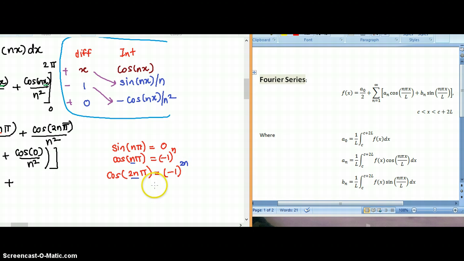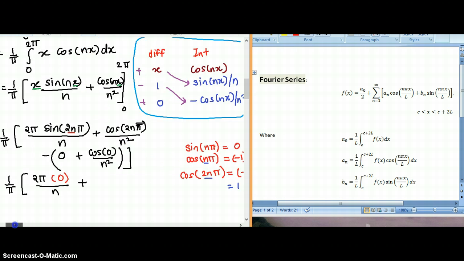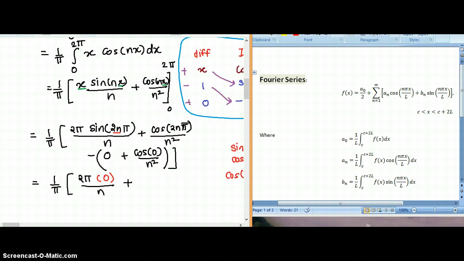It is always 2n, which is always an even number, so it is 1. So what we'll get here now is 1 over n square. This value is 0 minus cos of 0, which is 1 over n square.